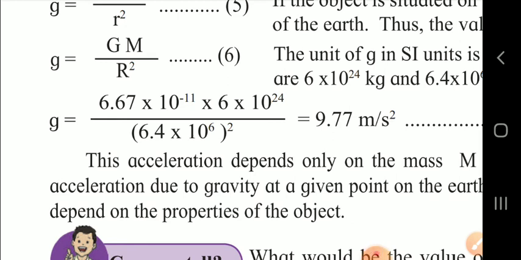So this acceleration depends only on the mass, capital M, and the radius, capital R, of the earth. Capital M is the mass of the earth and capital R is the radius of the earth, and so the acceleration due to gravity at a given point on the earth is the same for all objects. It does not depend on the properties of the object.